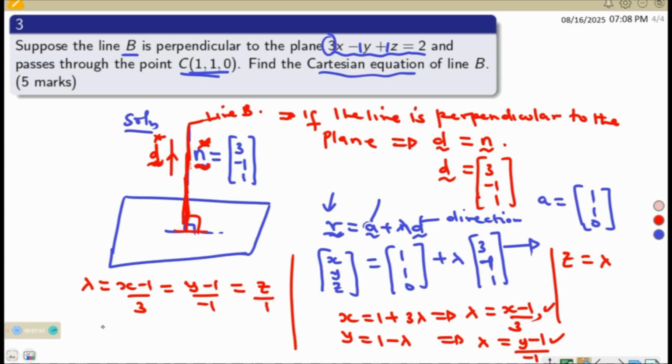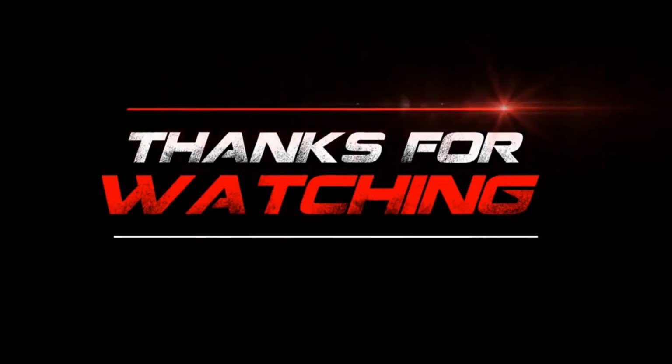So it means the Cartesian equation of line B is x minus 1 over 3, which is equal to y minus 1 over negative 1, which is equal to z. And this will be your answer.